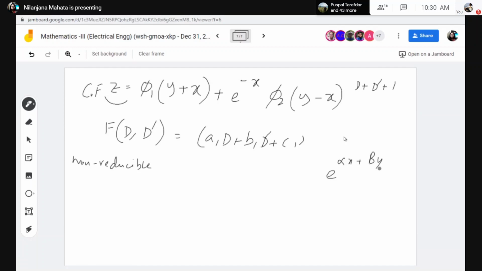We will take z equal to this, then we will apply the differential operator, then whatever irreducible form it gets, we will solve that. Okay, first we will start from the simple ones, that is, which are reducible.